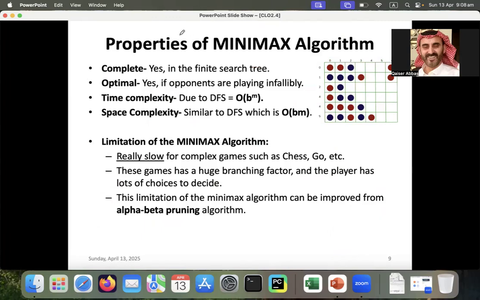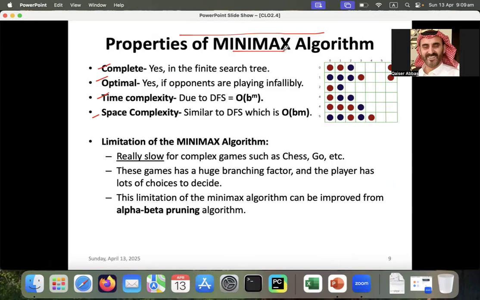Now, properties of the minimax algorithm. Four properties: completeness, optimality, time complexity, space complexity. We already said that the minimax algorithm is like a DFS algorithm. We will execute depth first search in this algorithm. Some formulas are different, but the nodes are expanding according to depth first search.